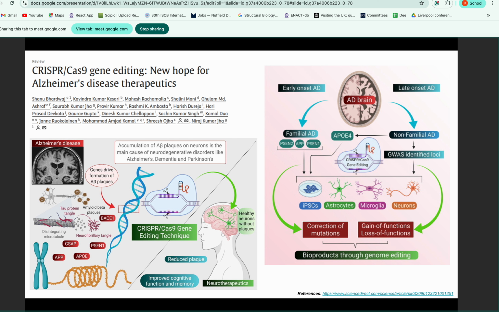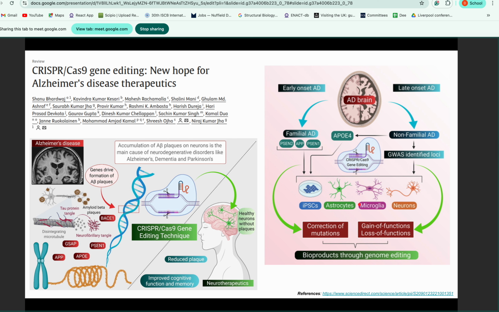We compare the normal genome with the patient genome, and then we identify where the mutations are taking place, where the differences are. With the help of GWAS studies, we can know which sequences are changing, that means which genes are changing. In that way, we can identify the genes involved in Alzheimer's disease.